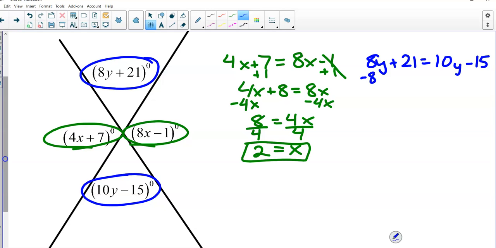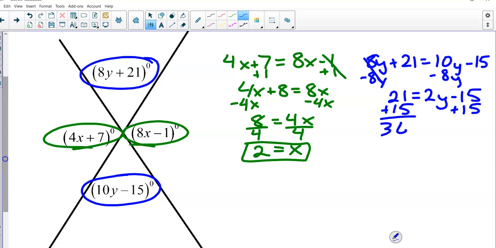I'm going to subtract 8y on both sides. That gives me 21 equals 2y minus 15. Then add 15 to both sides. It's going to give me 36 equals 2y. Now divide by 2, and y equals 18.